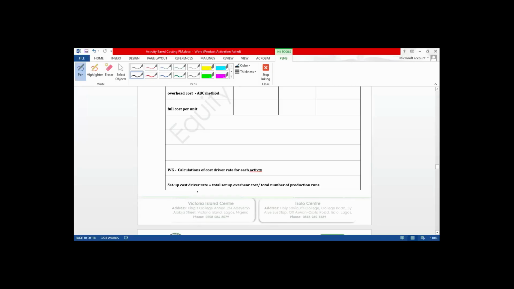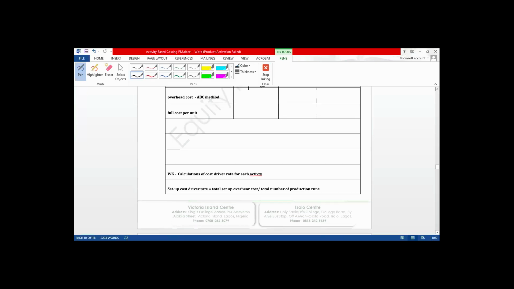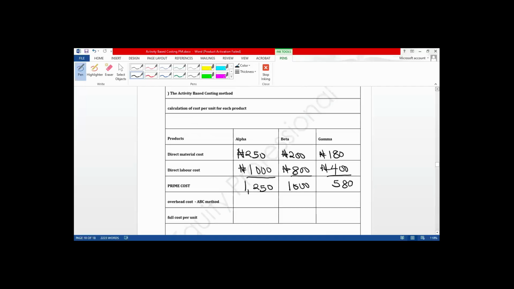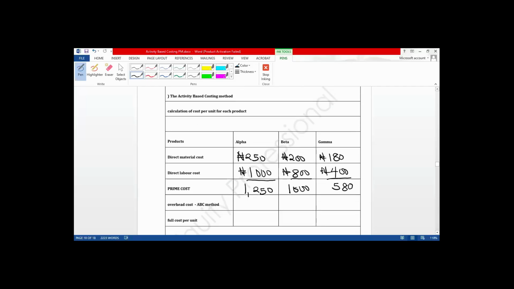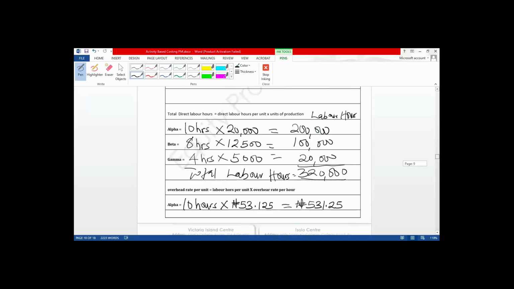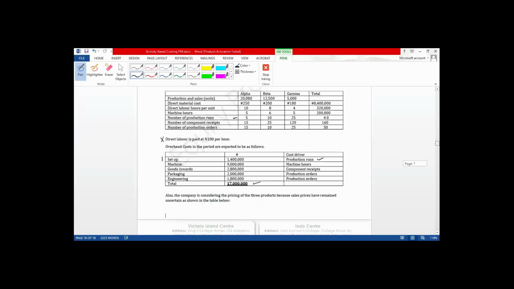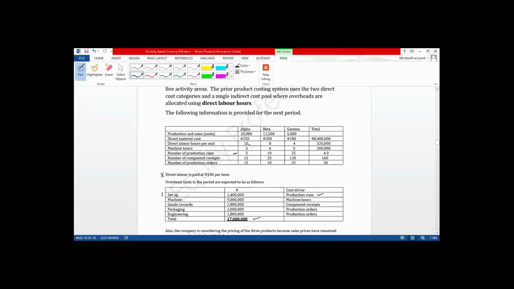First, examiner will tell you those activities that are tied to units. For example, labor hour is tied to units. If you look at it, sir: 10 hours, 8 hours, 4 hours.